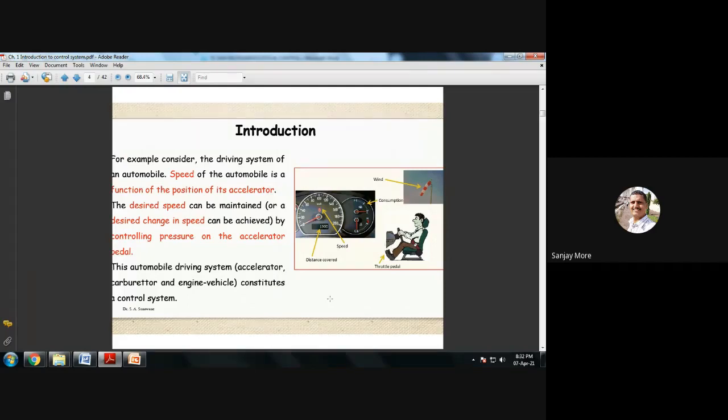This is one of the examples of control system. This automobile driving system, accelerator, carburetor, and engine of the vehicle constitute a control system. Means the whole automobile system is totally based on control systems.